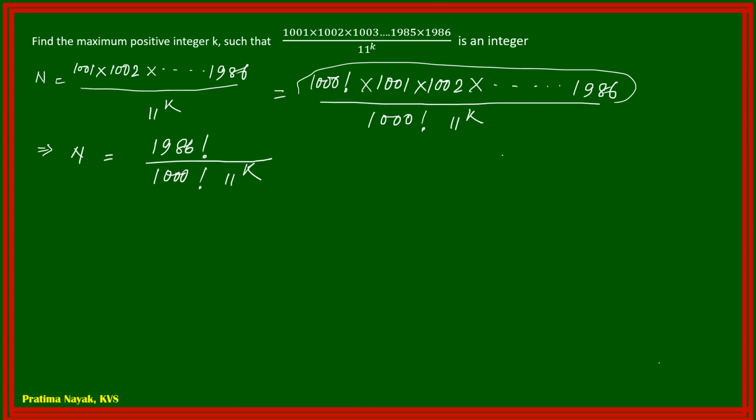Any factorial, when it is divided by 11, we get the quotient, or the integer, as n by 11 plus n by 11 square plus n by 11 cube, and so on, and we have to take the integer part.